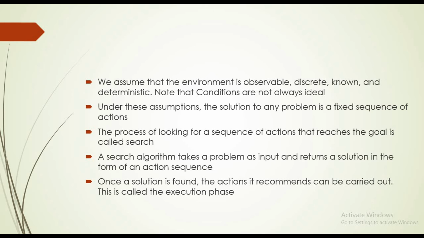When we say discrete, we mean there are finite actions to choose from at a particular state. Also the environment is known. That is, the agent knows the states reached, and we also assume that it's deterministic. The environment is deterministic. That is, each action has one particular outcome.